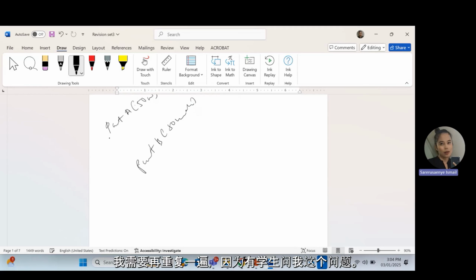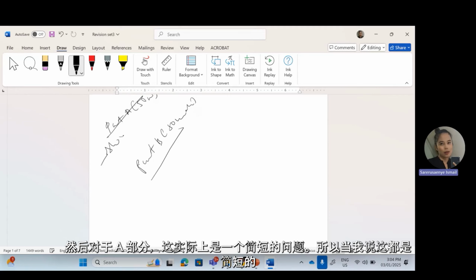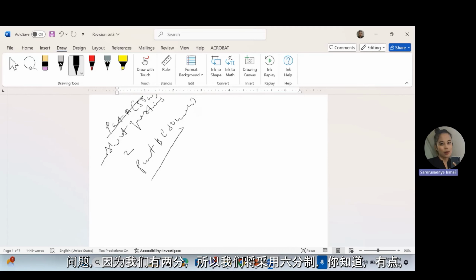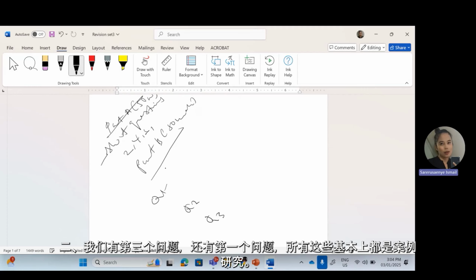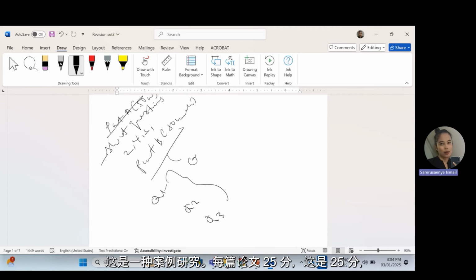I need to repeat this again because students are asking me about it. Part A is all short questions. So you will have 2-mark, 4-mark, and 6-mark questions. Then part B has 3 questions: question 1, question 2, and question 3. All of these are case studies, and each is worth 25 marks.